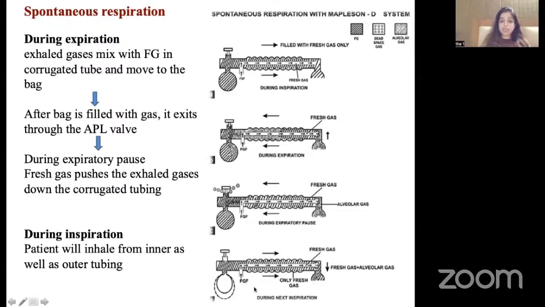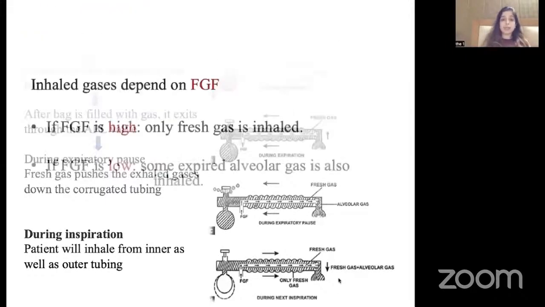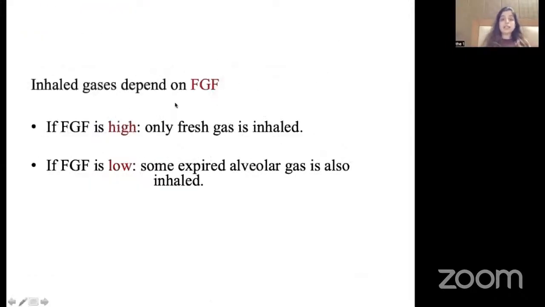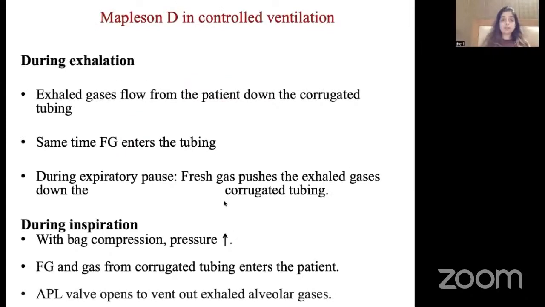And during inspiration, the patient will inhale from both the tubes, the outer as well as the inner tubing. The inhaled gases depend on the amount of fresh gas flow. If fresh gas flow is high, only fresh gas is inhaled, while if fresh gas flow is low, some expired alveolar gases will be rebreathed by the patient.